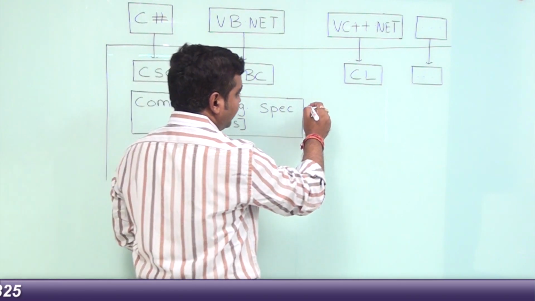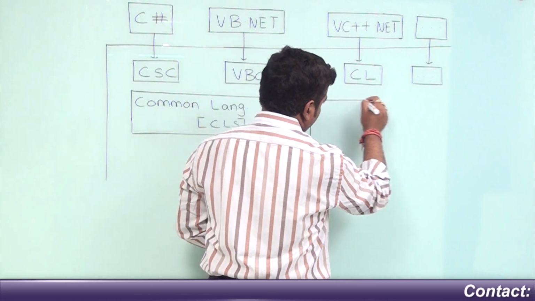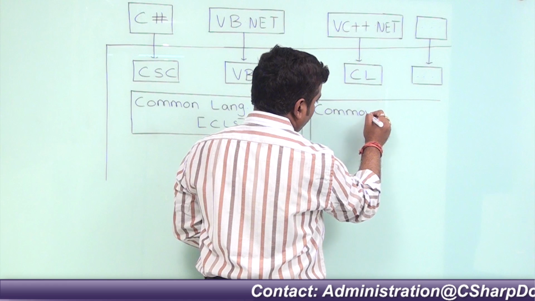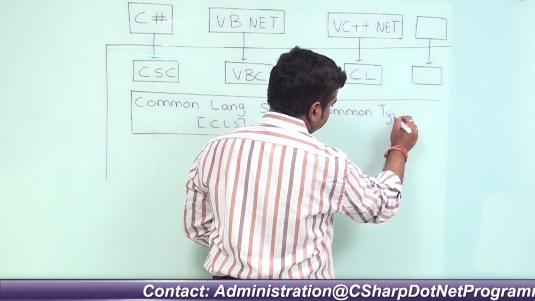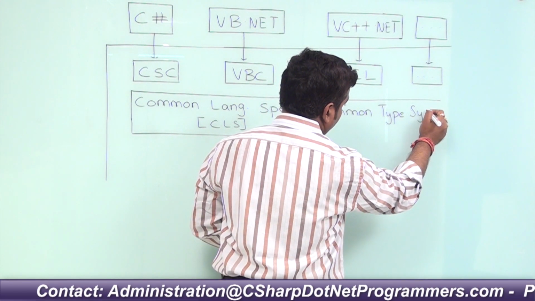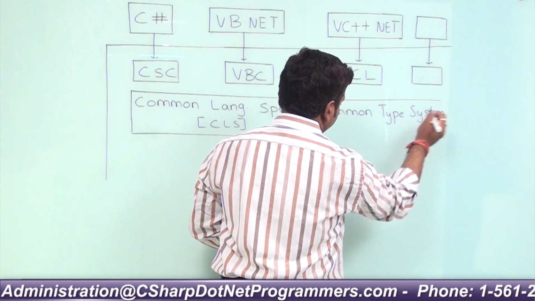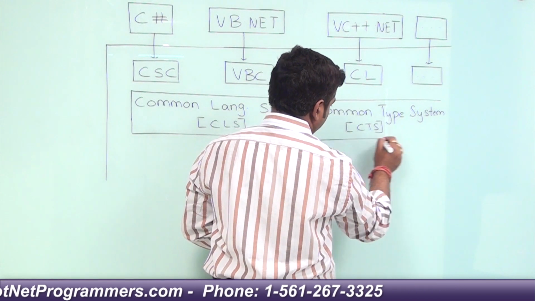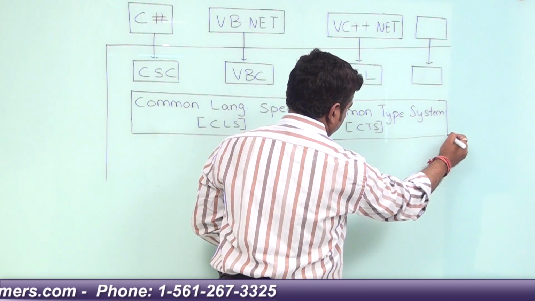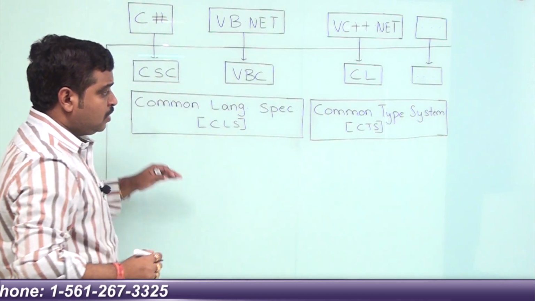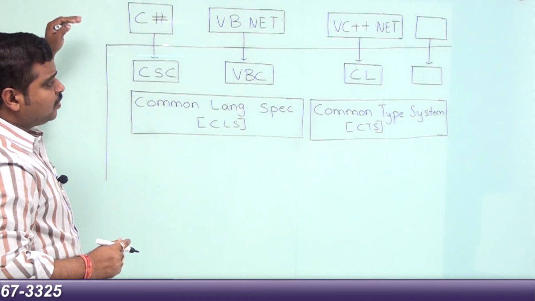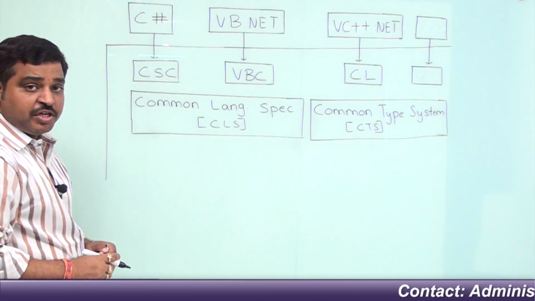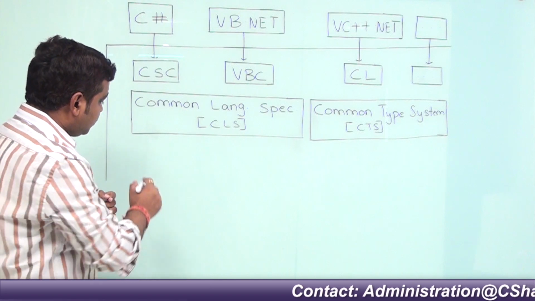Along with the Common Language Specification, we have Common Type System, popularly called CTS. My .NET framework supports languages, compilers, Common Language Specification, Common Type System.